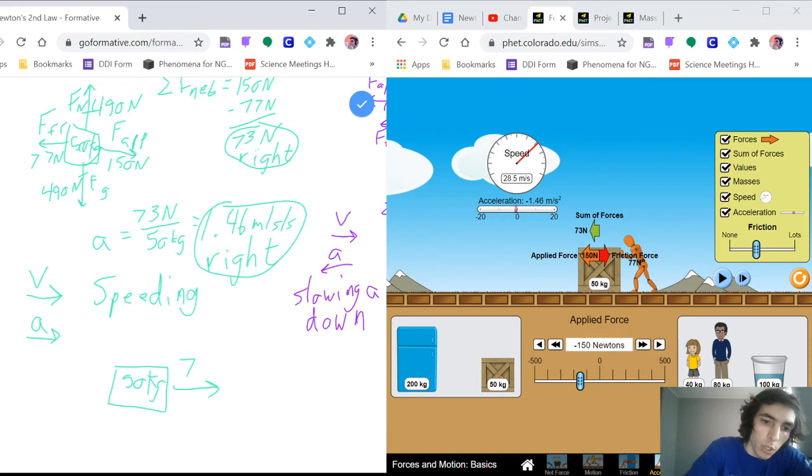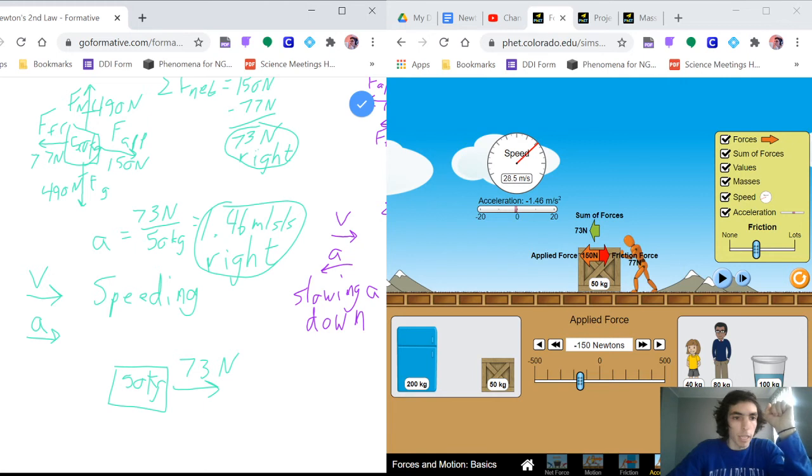So it's 73 newtons to the right. That's our net force, and this object down here with this one force acting on it would behave the exact same way as the object with all four of those forces acting on it, because it has the same mass and the same net force, just 73 newtons to the right.